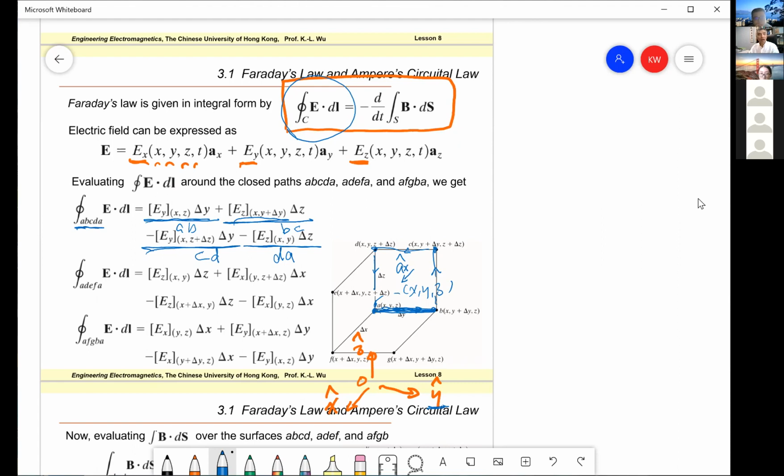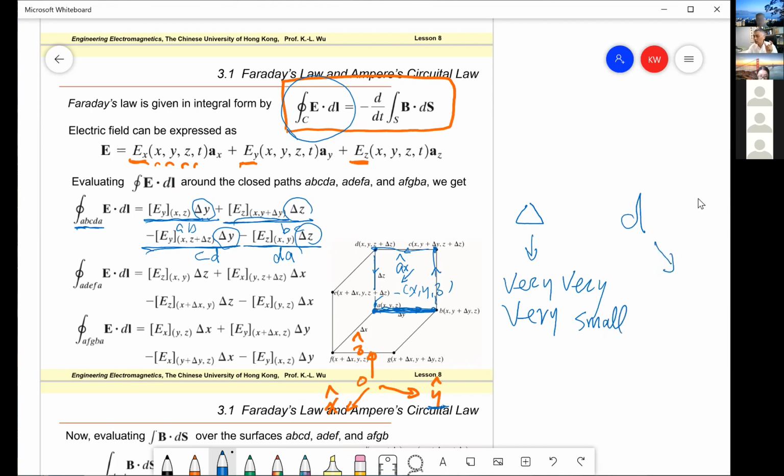Because everything is a delta, delta is not as small as differential length yet. The difference between delta and d is that d is very, very small, infinitely small.